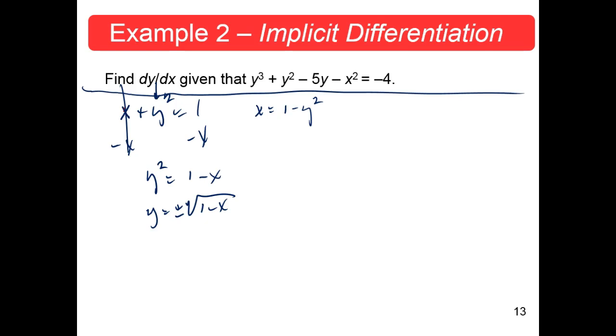Except for 2. Certainly 2 is out of the picture. 1 would be okay. 2 wouldn't be. Neither would 3 or 1.1 or 1.000000001, because that would give you a negative inside the square root.